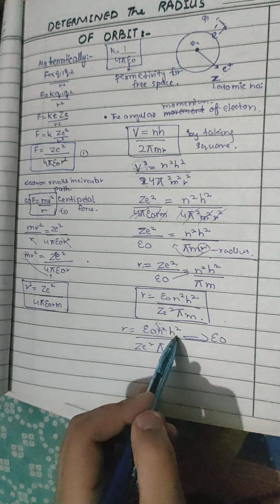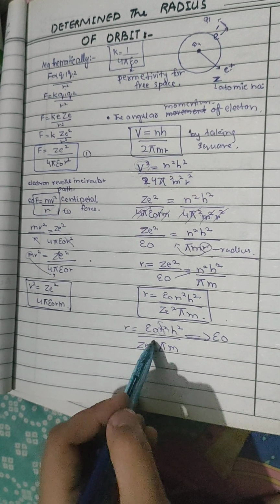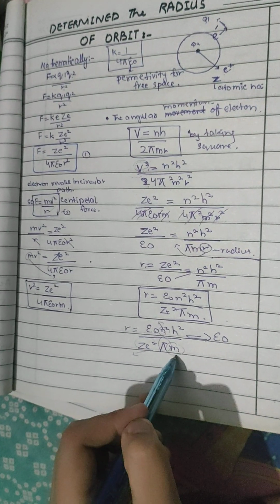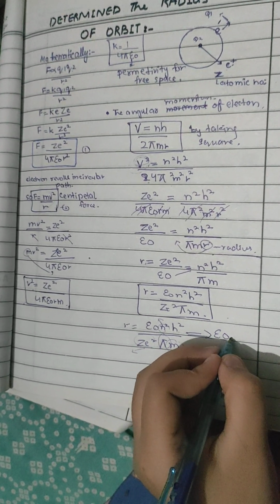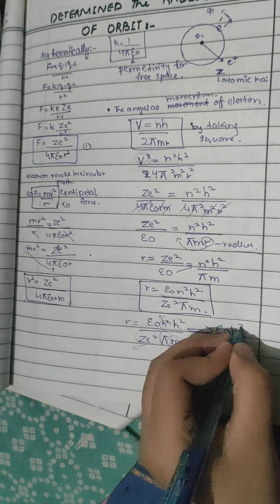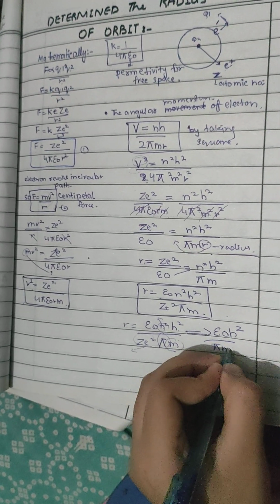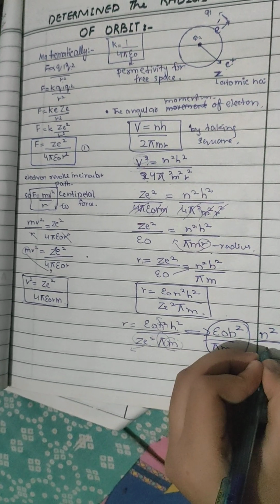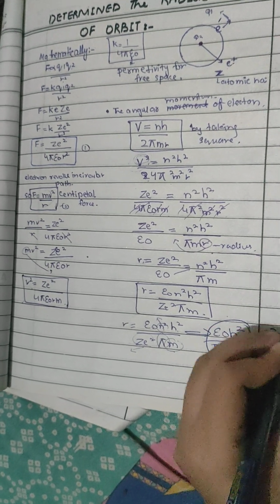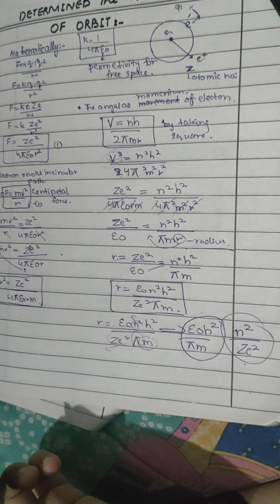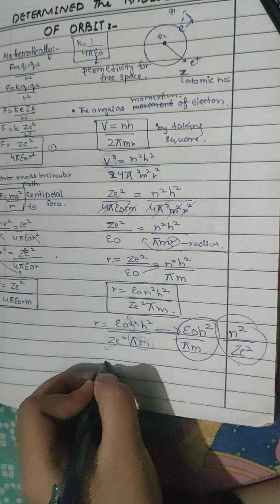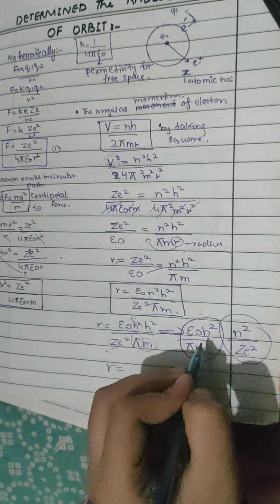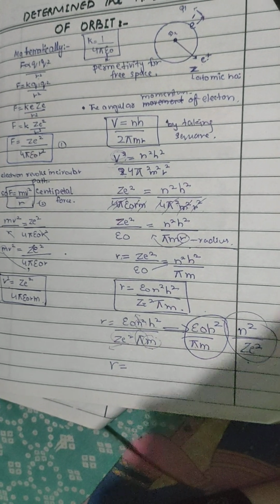Planck's constant h is constant here. Then the atomic number Z is not constant, pi is constant, masses are constant. So we are moving the constants to one side. This whole part is constant. Here we have n square upon Z square, which is variable.